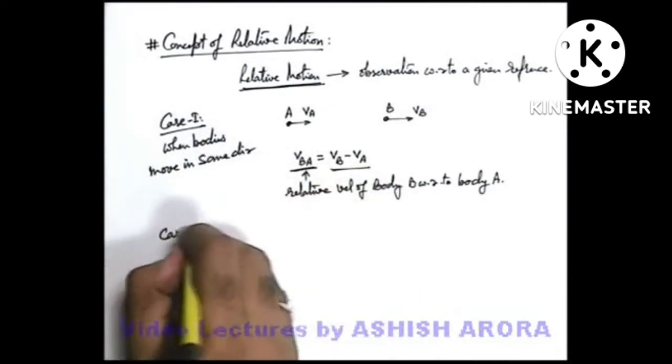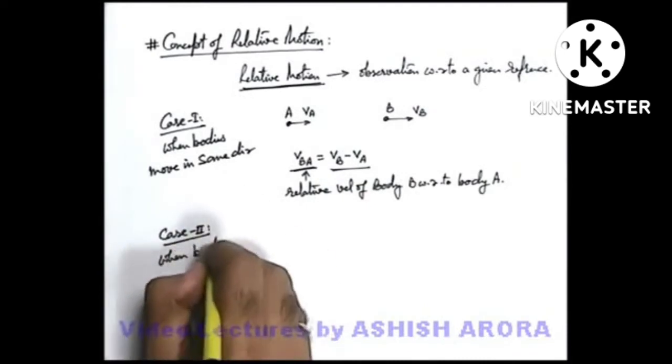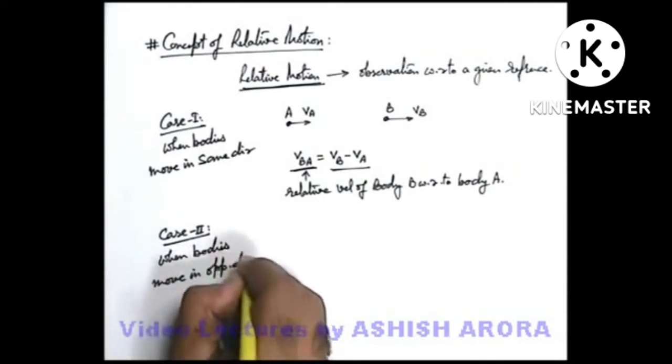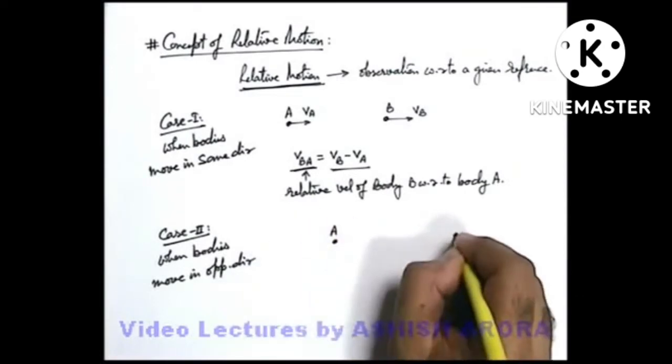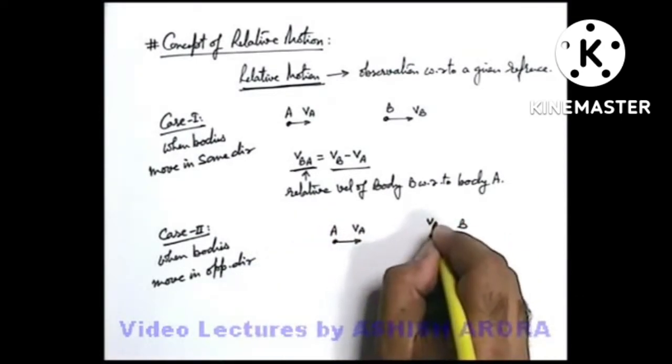Similarly, we can consider case 2, which we consider when bodies move in opposite directions. When the bodies move in opposite directions, the situation is like this: body A and this body B, and they are moving toward each other, say with the velocities va and vb.